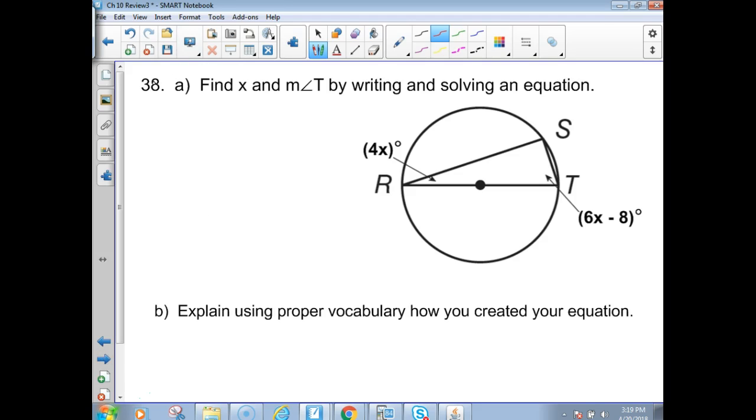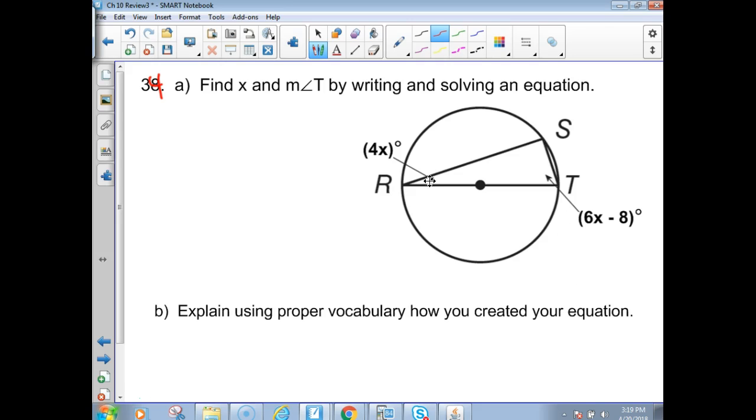Next, 34. Well, I'm going to write down part B right now as I go through this question. How am I going to solve for x and find the measure of angle T? I'm going to use proper vocabulary to explain how I'm going to create my equation.